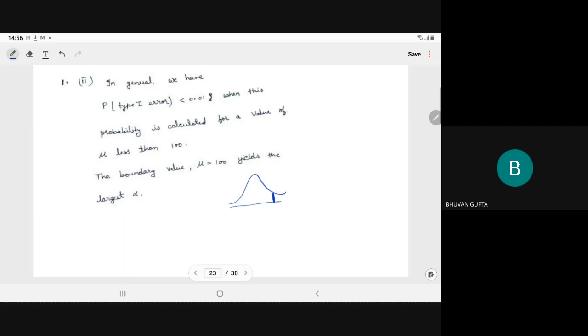That boundary we have decided is x bar equal to 102.33. So if this sample mean is less than this, then it's okay. Otherwise, we have to reject the H0. So for the acceptance of the alternative, sample mean must be more than 102.33. That we have computed here.